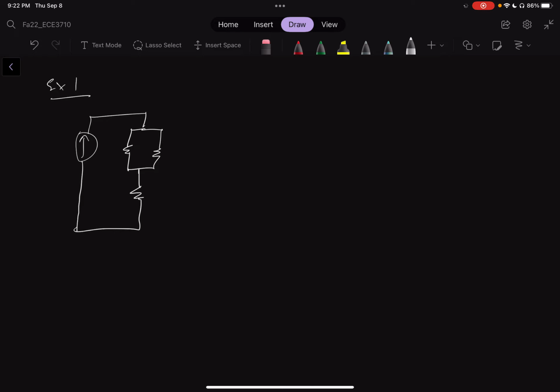Okay, so I'm not going to do a full example, but I'm just going to say example 1. Let's say you have some circuit like this in your life. Right, let's say this is R1, R3, R2, R4, R5, R6.